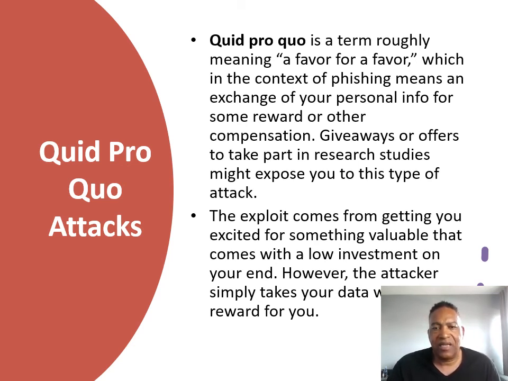But in the context of social engineering, it usually relates to giveaways or offers, or if you take part in a study, you will receive $50, or if you tell us your opinion about a subject, or if you give us a review of your last shopping experience, we will give you something. Okay, so that's how they engage you. And once they engage you, they either collect information from you or they use the engagement to download malware.